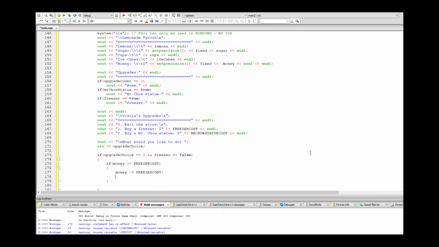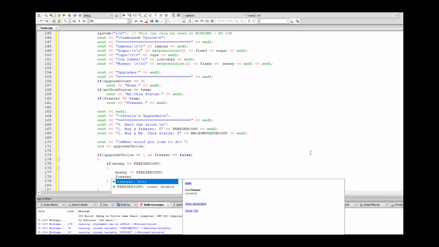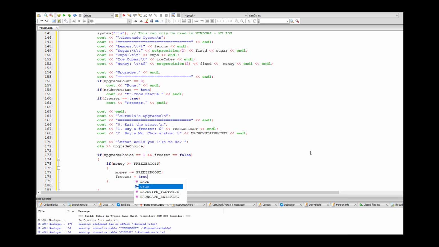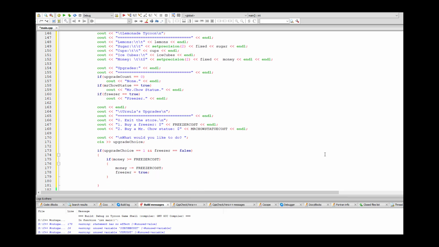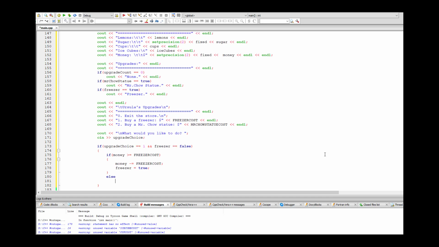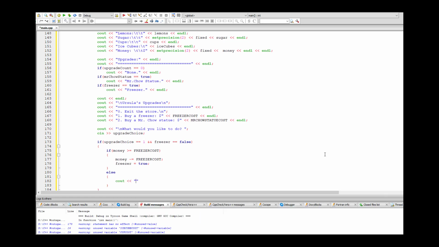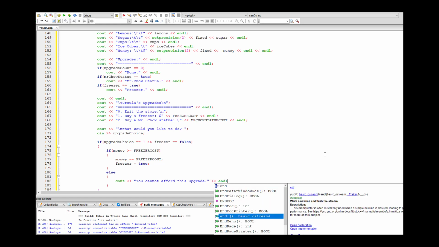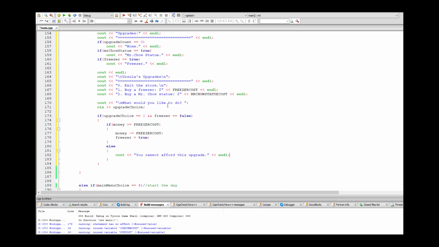So we're going to take away the money and we're going to set the freezer to be true. Okay. Now the only way that this can go to else is if they don't have enough money. We're just going to say cout, you cannot afford this upgrade.